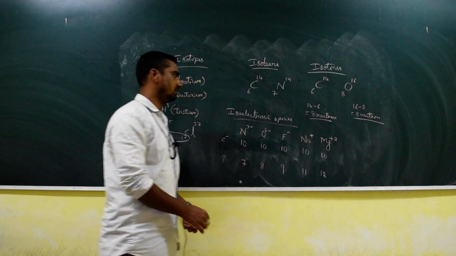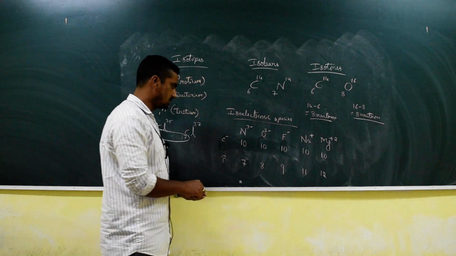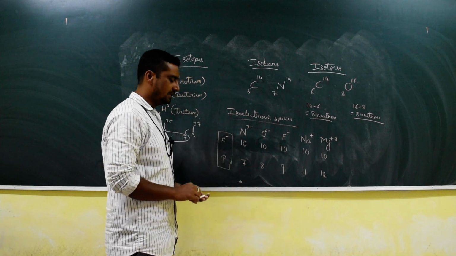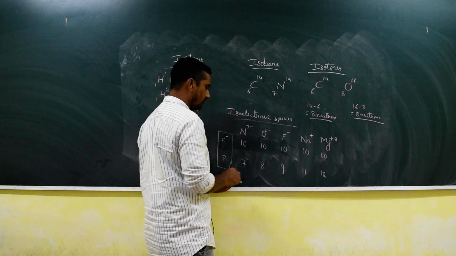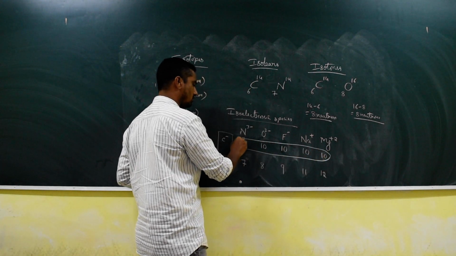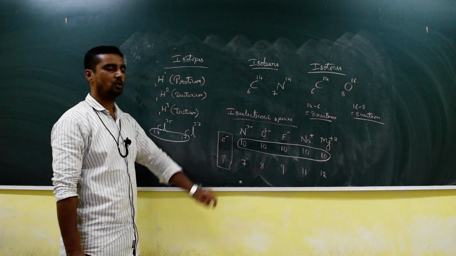So this one we call isoelectronic species. The species which contain the same number of electrons but different number of protons are called isoelectronic species.